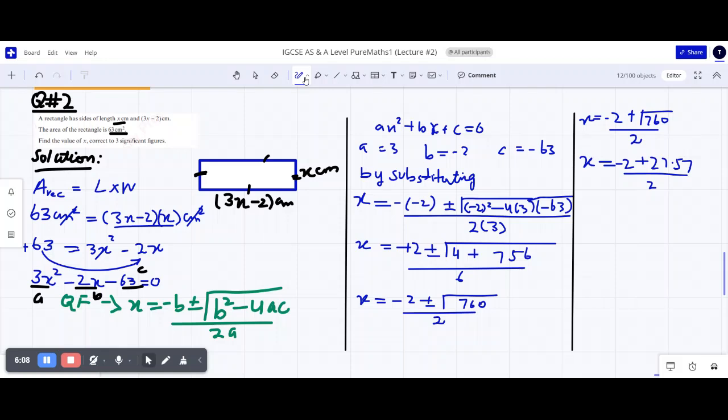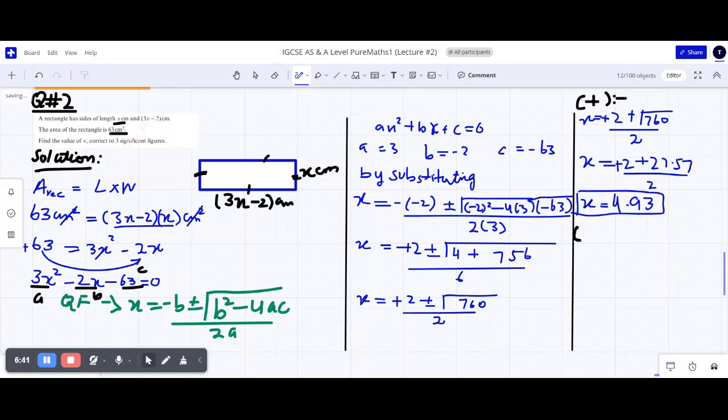We are doing the positive solution first. So here x is equal to, we will add and then we will get the answer divided by 2. It would be 4.93. This is the first value we got by taking the positive solution.